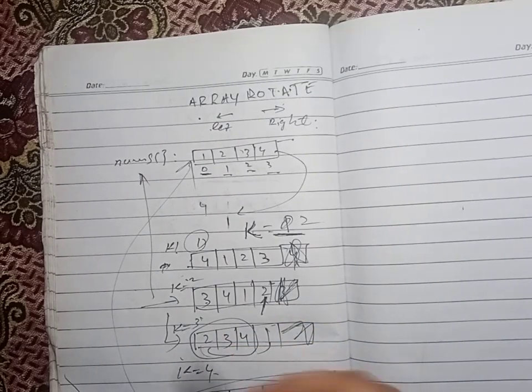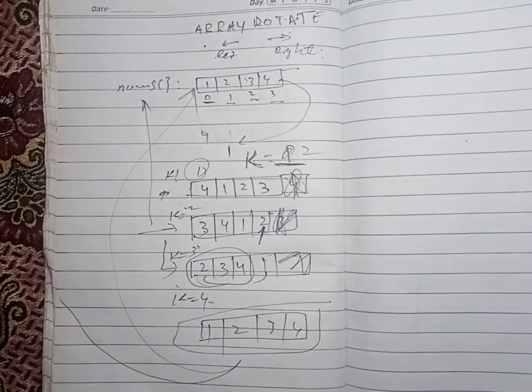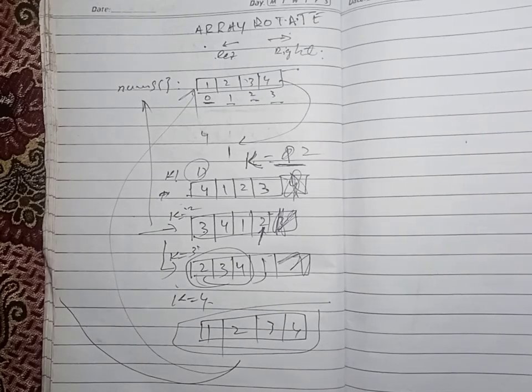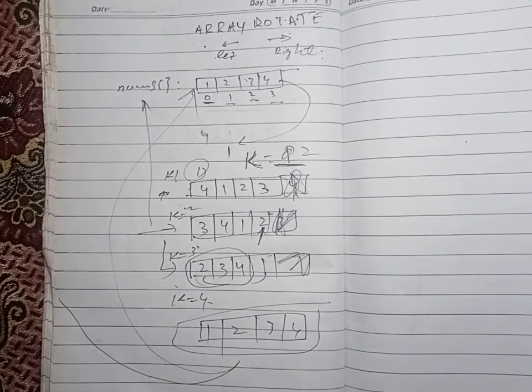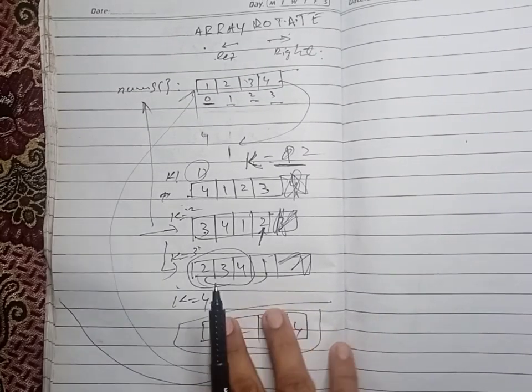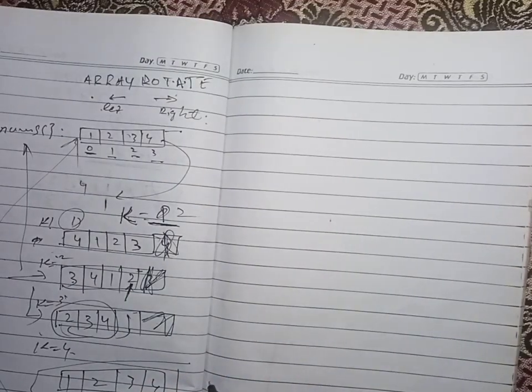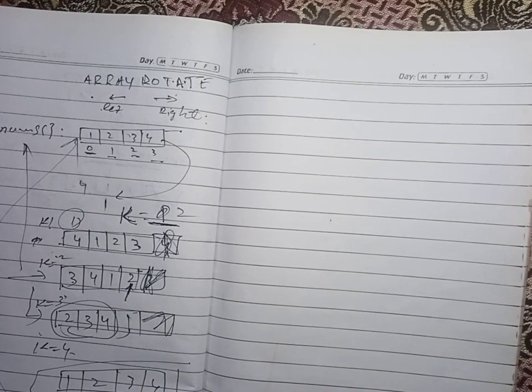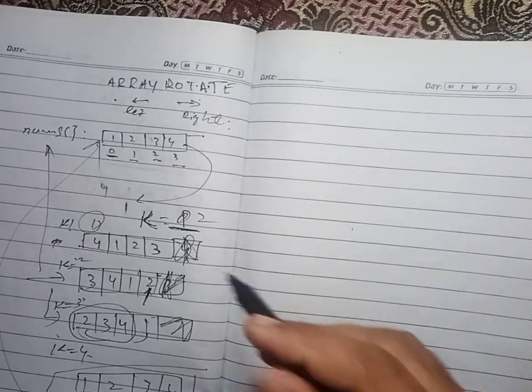So this is a basic example of rotating the array to the right. In the next video we will learn about rotating to the left. Of course, it could be your assignment, but let's see.